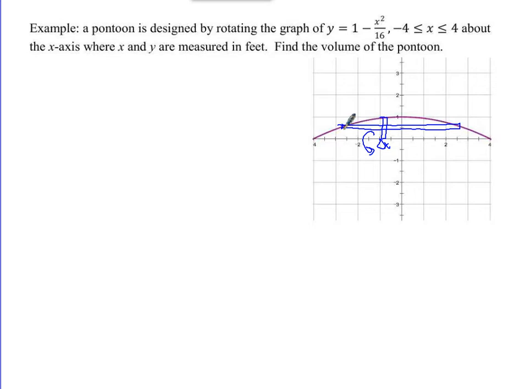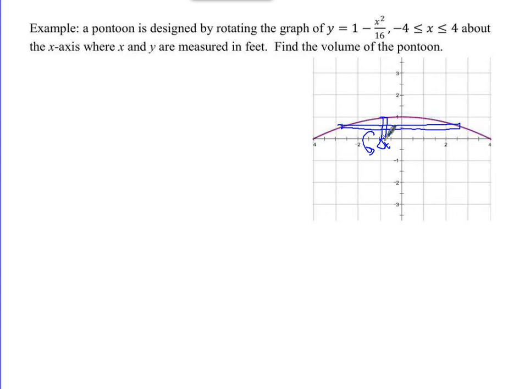Right. The ends of this representative rectangle are both defined by the same function. That can be a problem. So both ends of this representative rectangle, as it slides, are changing. And because both ends are changing, it makes it a little bit more difficult to define it, especially given that this function is defining both the left and the right side of that representative rectangle.